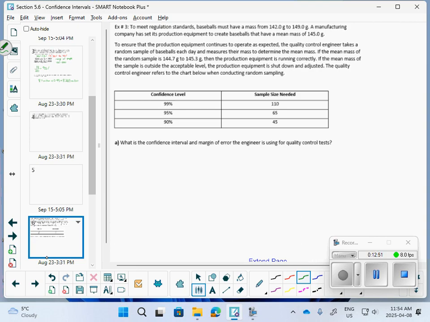To ensure that the production equipment continues to operate as expected, the quality control engineer takes a random sample of baseballs each day and measures their mass to determine the mean mass. If the mean mass of a random sample is 144.7 to 145.3 grams, then the production equipment is running correctly.